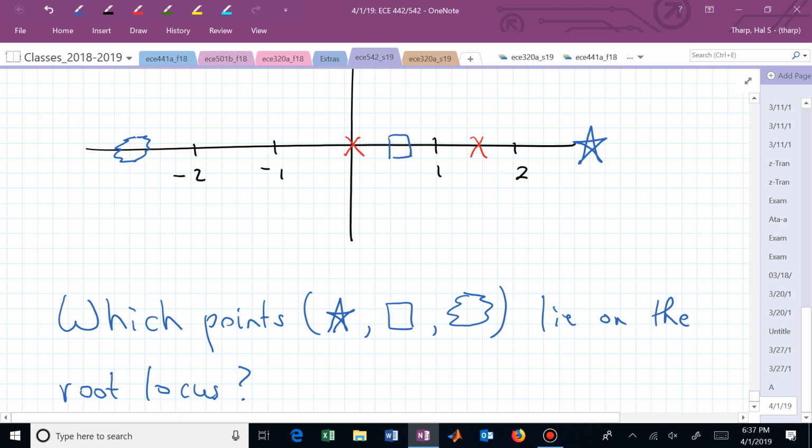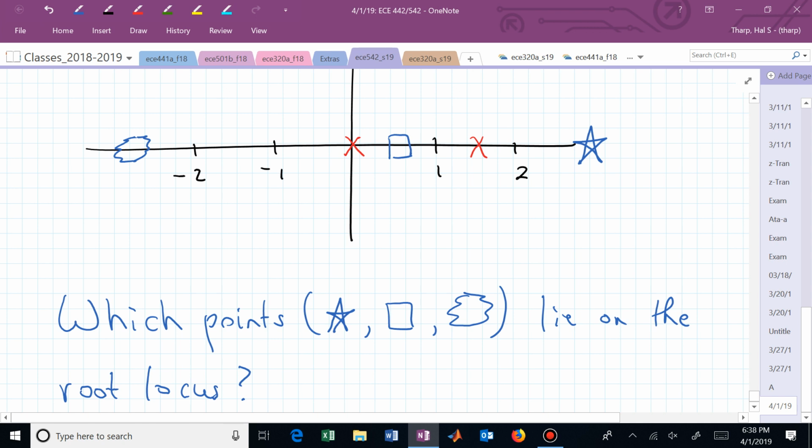We know g of z. It's 1 over the product of z with z minus 3/2. But g of z for any point z is just a complex number. And that complex number has a magnitude and an angle.